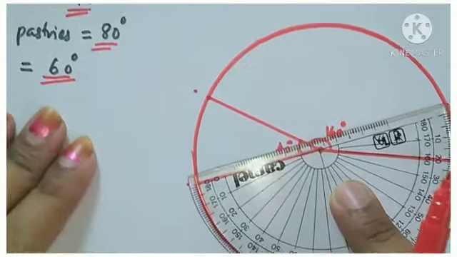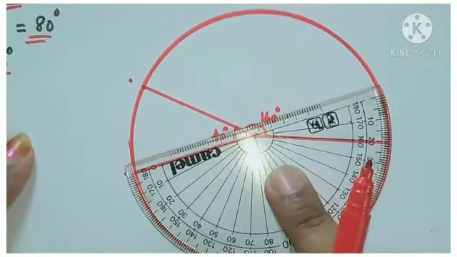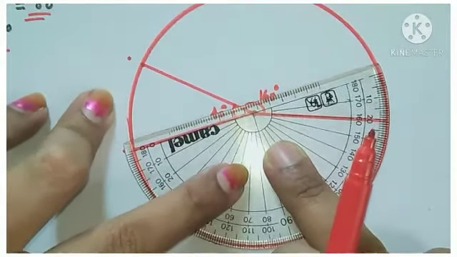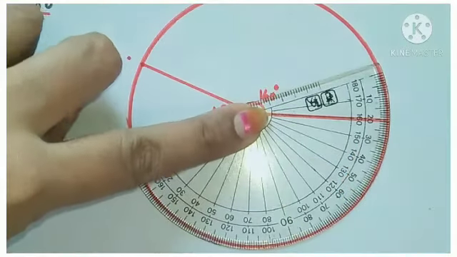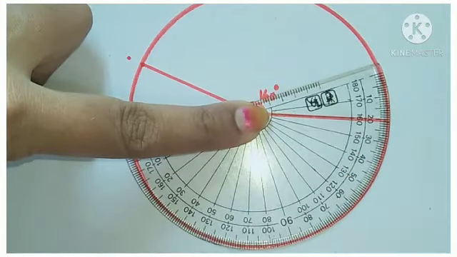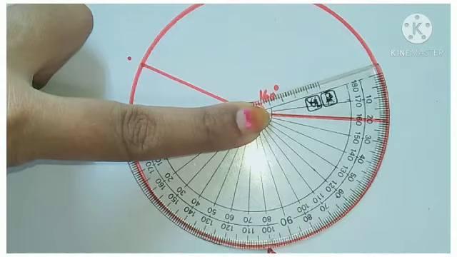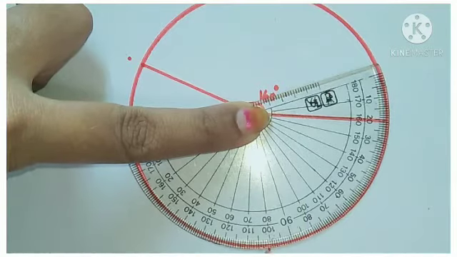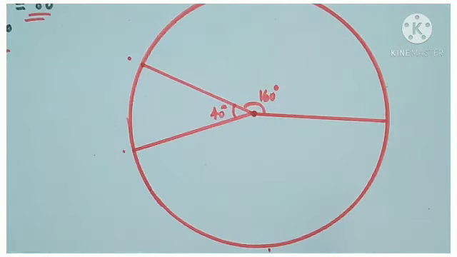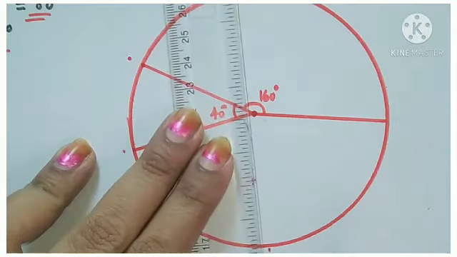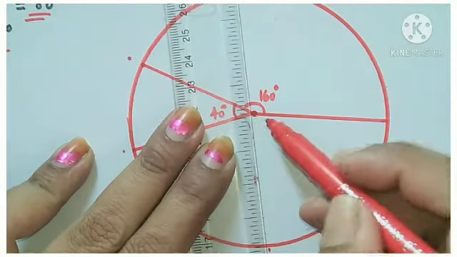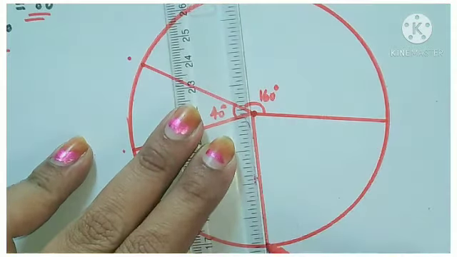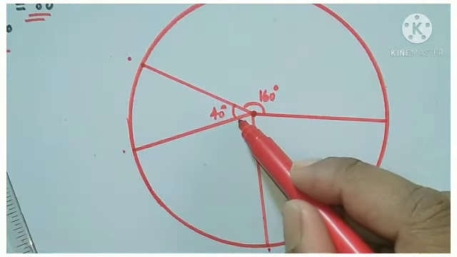Now you want to take 80 degrees. See in the protractor, where is the 80 degrees? Here. So mark that point, 80 degrees. Now remove the protractor. Use your ruler for joining. Yes, that is your 80 degrees.